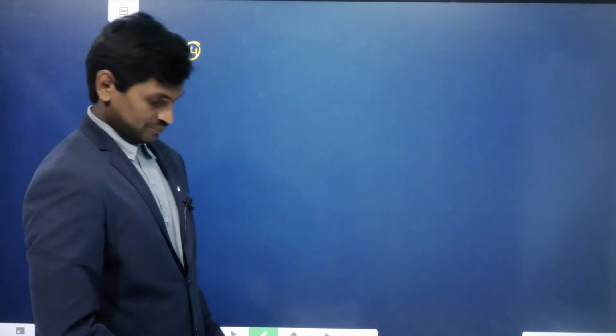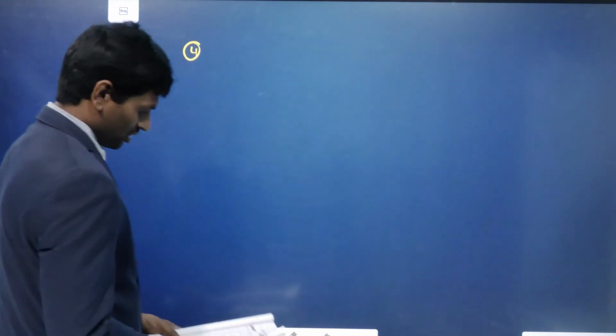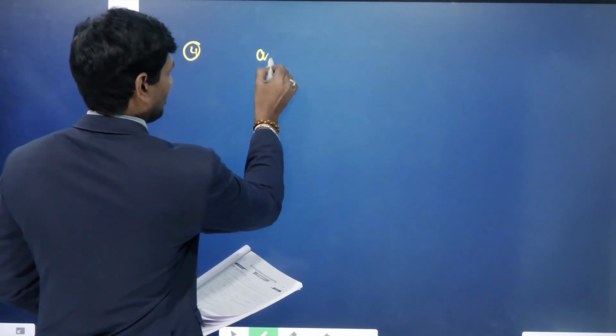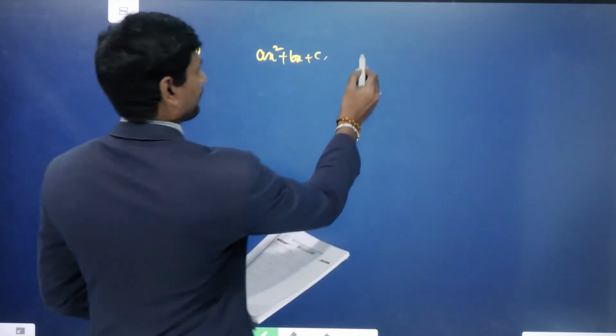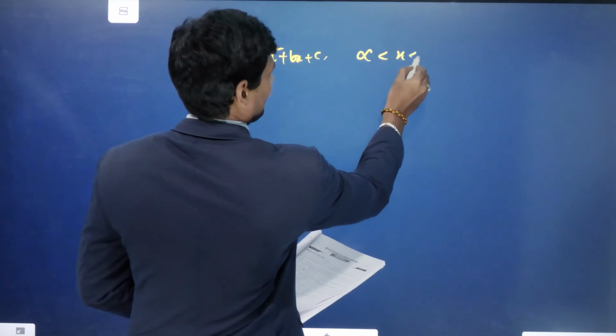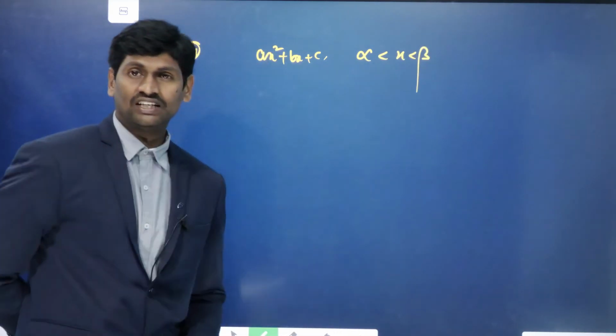Fourth question. The quadratic expression ax square plus bx plus c is given, and also alpha less than x less than beta.